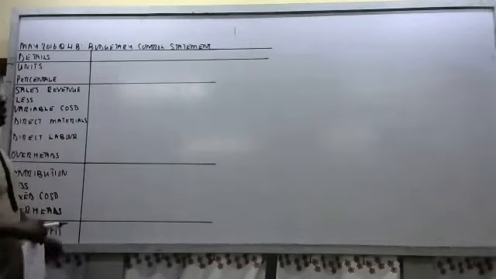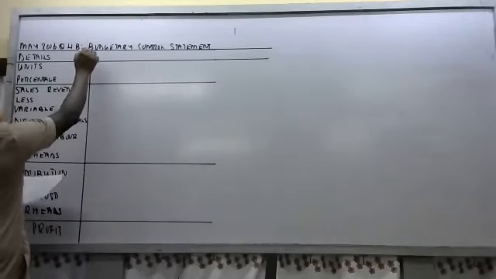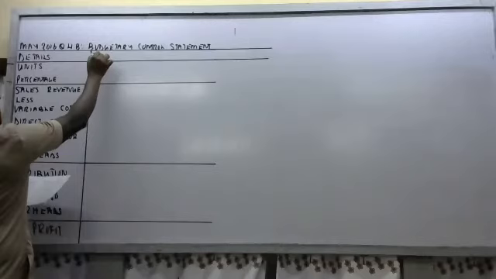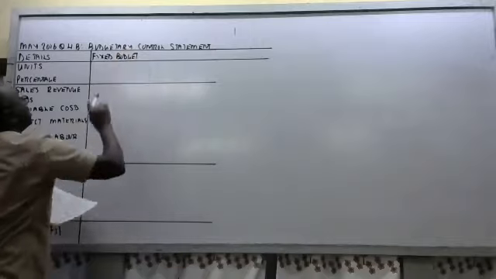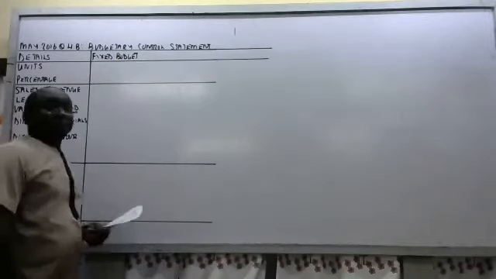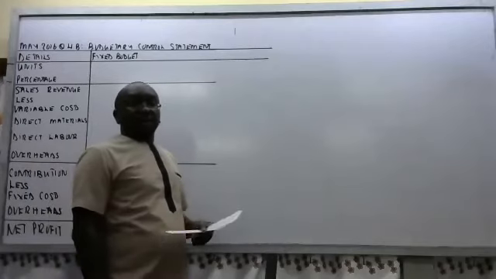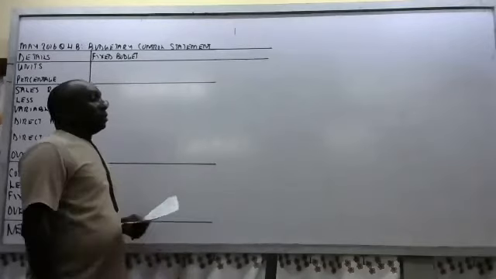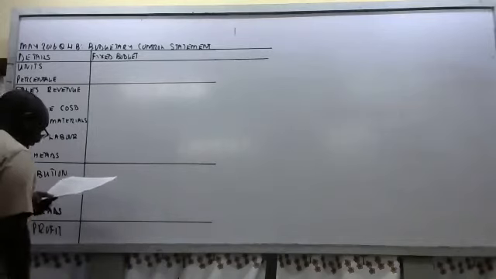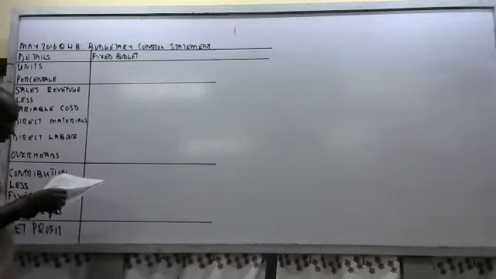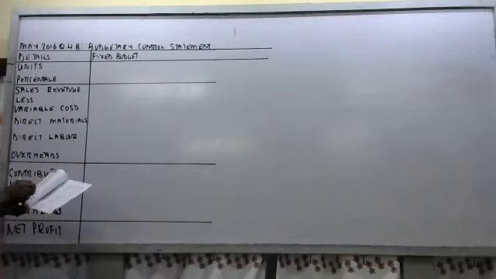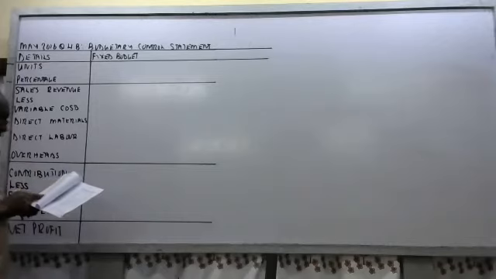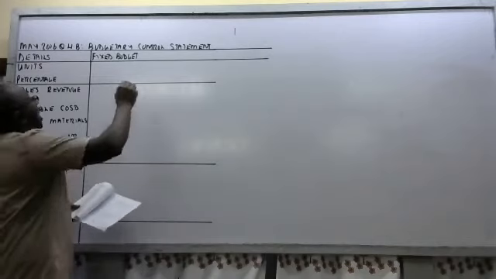So the next thing is original budget, or what we call fixed budget. Fixed budget is also known as the original. So for the units, according to information 3, they are 20,000.